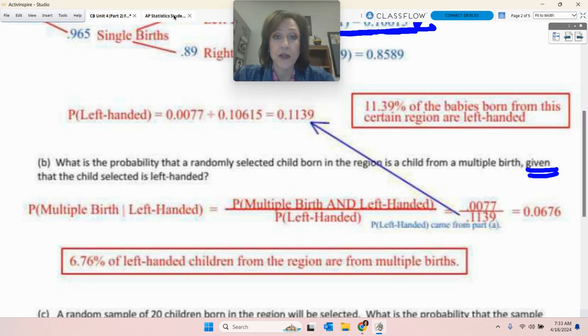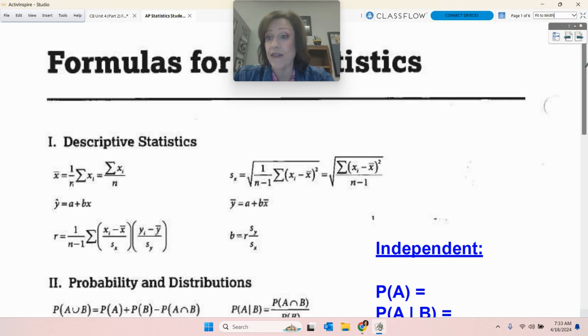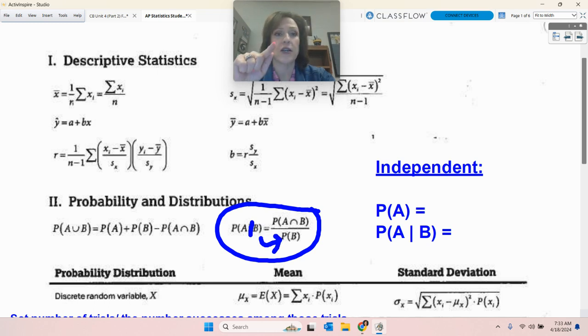Again, I want to remind you that on the formula chart, the front of that formula chart, we have this given-that formula right here. It said given that they are left-handed, so I want to put the total left-handed ones on the bottom.